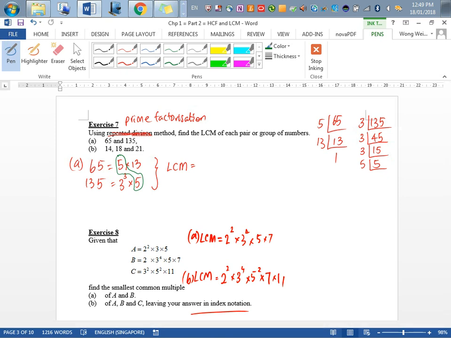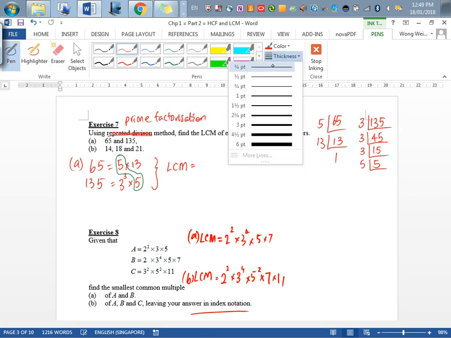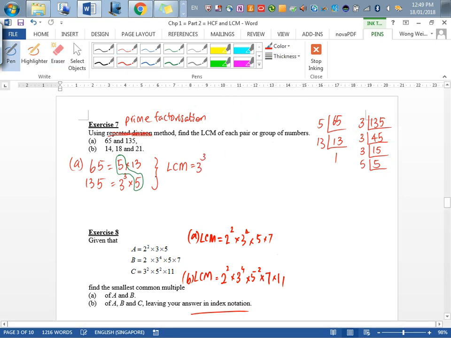But don't forget, LCM, I don't just want the common factor of 5. I want everything else. What else do I have? I have 3 cubed over here. Then what else do I have? Times 5, okay, common factor. Any more? Times 13. So this is my LCM.